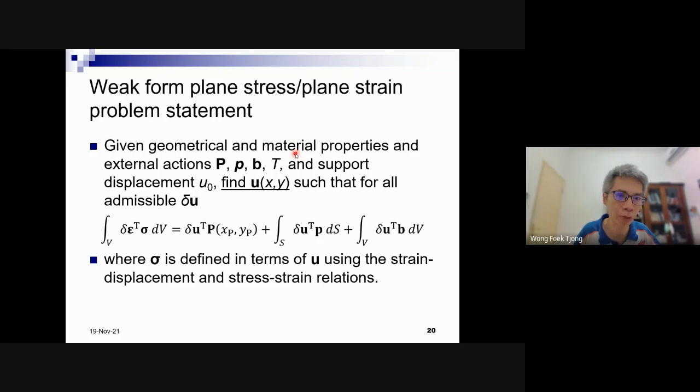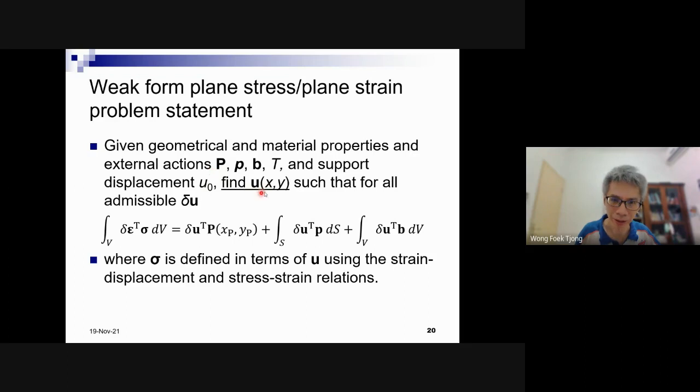In addition to the strong form, we have the weak form statement. The statement is given like this: given the problem, of course, the problem is the geometric data, material properties, actions, right? Actions including temperature, including the body force, and prescribed displacements. That's all the data, complete data.